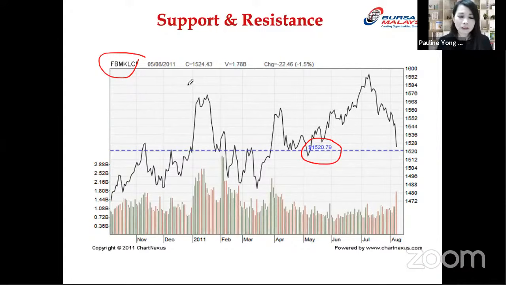Back in 2011, it was already reacting well with the 1520, and until now we are still reacting well with that 1520. So that shows that 10 years later, it is still significant.